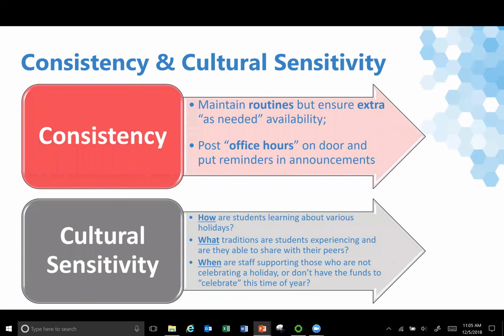Our other two buckets we wanted to say for system supports look like consistency and cultural sensitivity. When we think about consistency, we really wanted to emphasize that having maintained routines in the school setting can be really helpful, and also finding ways to build in some extra as needed availability. So amplifying and giving access to places where kids can tap into your support.